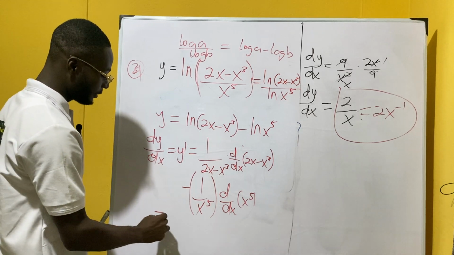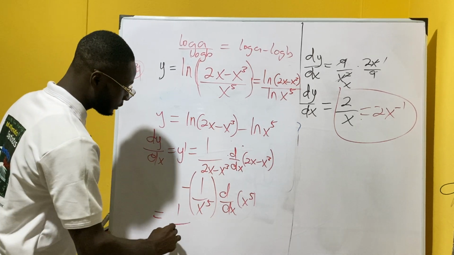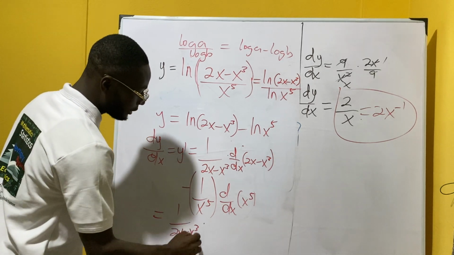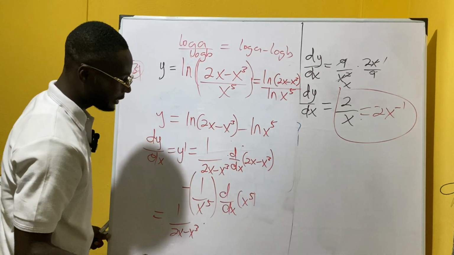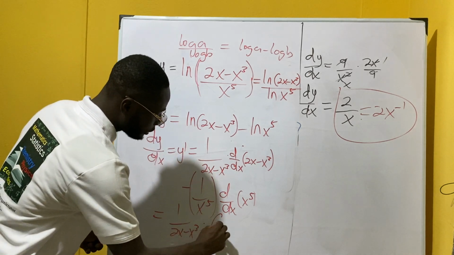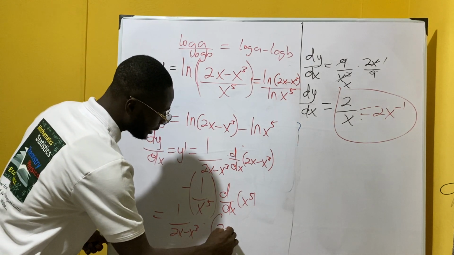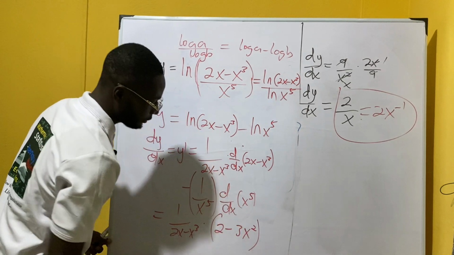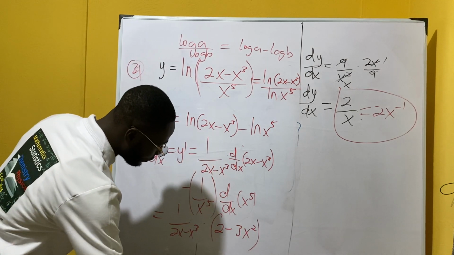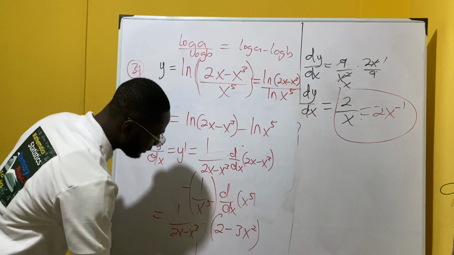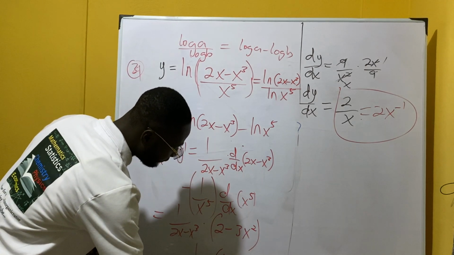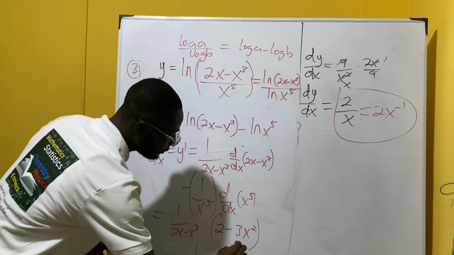So we have 1 over (2x minus x cubed), then the differential of 2x minus x cubed is going to be 2 minus 3x squared, minus 1 over x to the power 5. Then the differential of this will be 5x to the power 4.